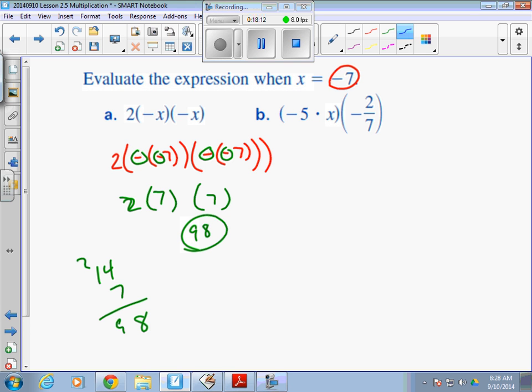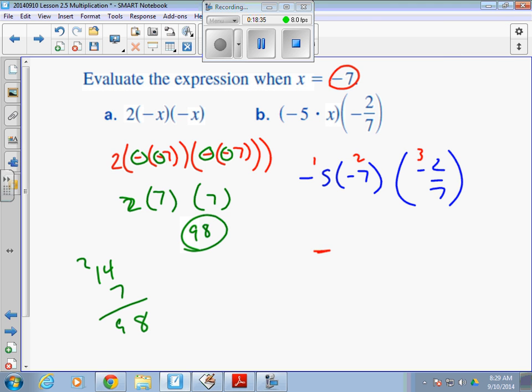So for B, you have -5 times x, which is -5 times -7 times -2/7. Okay. So you can count how many negative values you got. You got 1, 2, 3. So at the end of this problem, it's going to be an odd amount. That's going to be a negative value. So 5 times 7 is going to be 35.